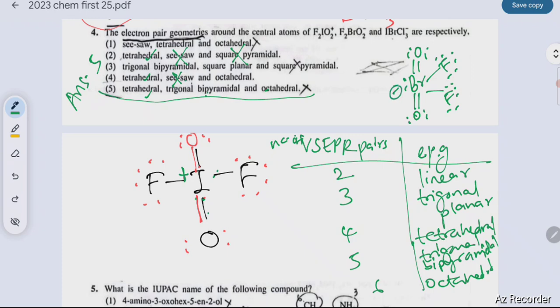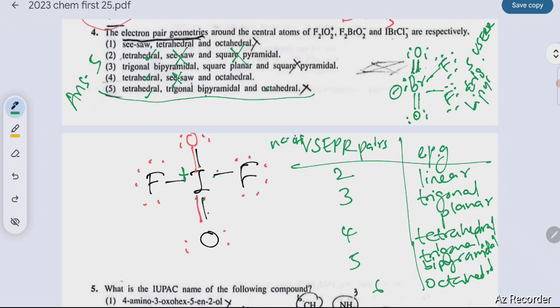So this has how many VSEPR pairs? 1. Right? Here 1. Here 2. Right? 1, 2, 3, 4 and 5. 5 VSEPR pairs. So 5 VSEPR pairs means what is the electron pair geometry? Trigonal bipyramidal.